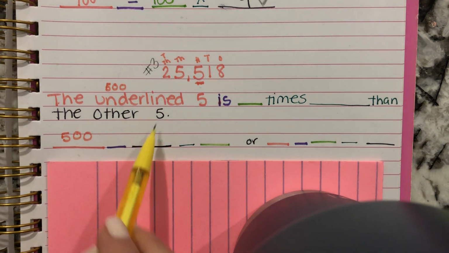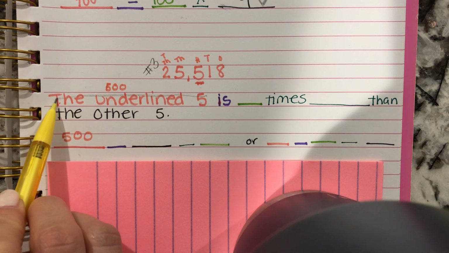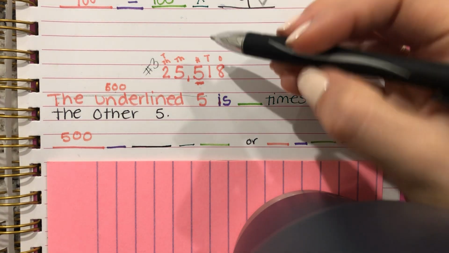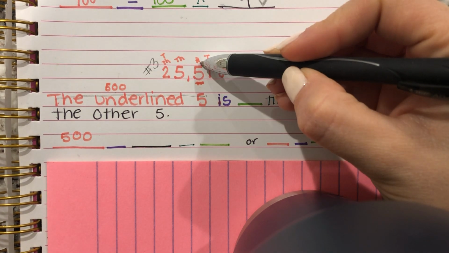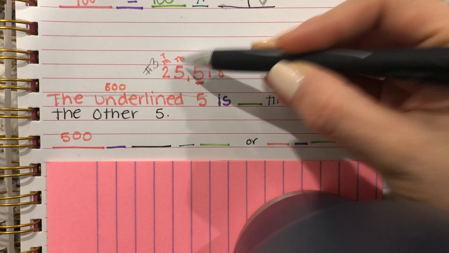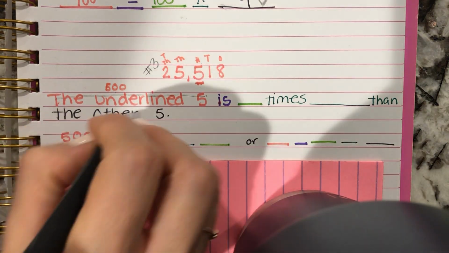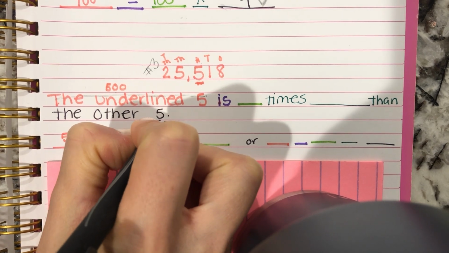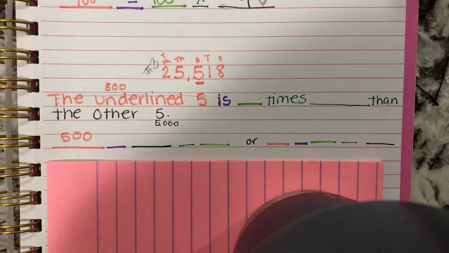And if it helps you on your paper to cross this out, this makes our lives a lot easier. Okay, now I'm going to look at the other 5. I know the underlined one is in the hundreds place. The other 5 is a 5 in the thousands place. The other 5 has a value of 5,000.